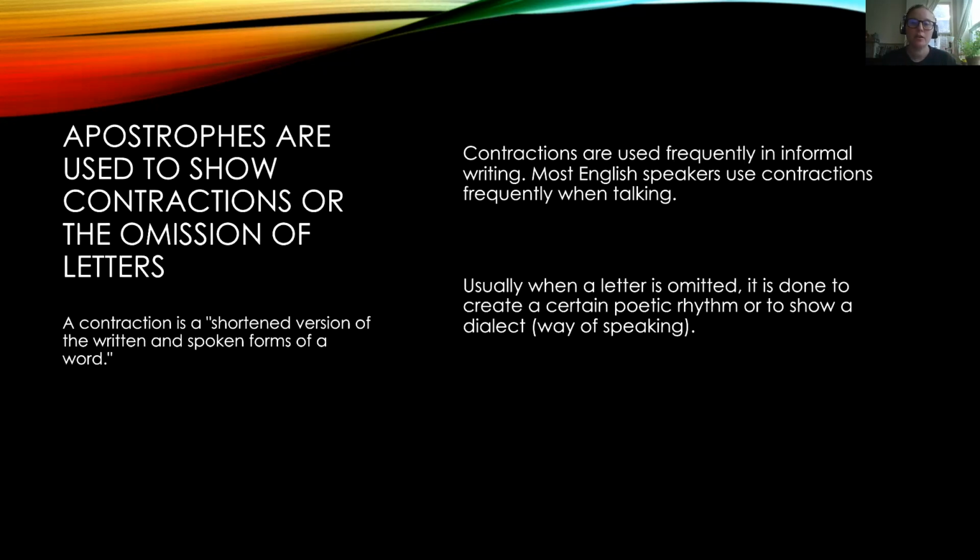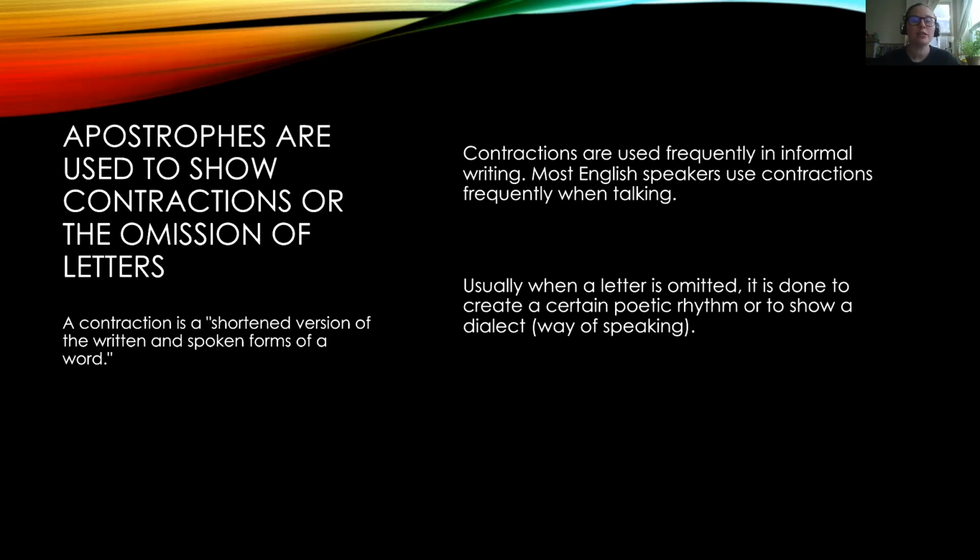Usually when contractions are being used, it's in a more casual or informal setting. There are a couple that are standard that are acceptable in academic writing. Most aren't, but we're still going to go over them because there's some fun things about them. I find fun.